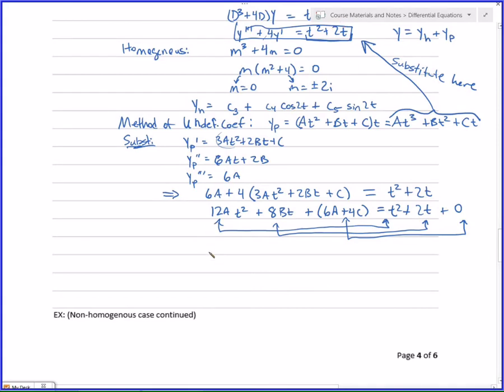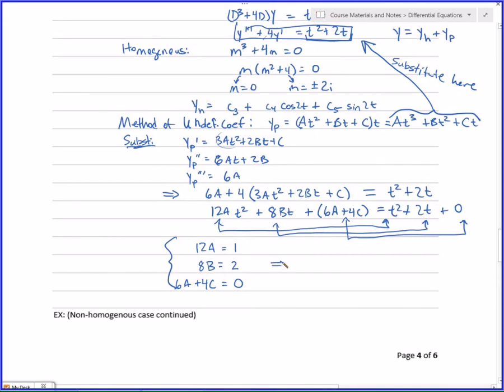Okay, so 12a equals 1, 8b equals 2, and 6a plus 4c equals 0. That will give you the particular part of that solution.